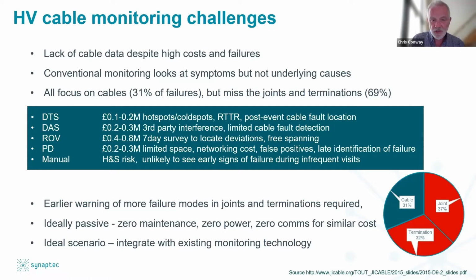Effectively, what we're looking at here is a solution driving the need for a more comprehensive and more holistic means of providing cable condition monitoring. That includes the cable and also the cable joints and cable terminations in particular, to provide a more cost-effective, condition-based maintenance strategy going forward.